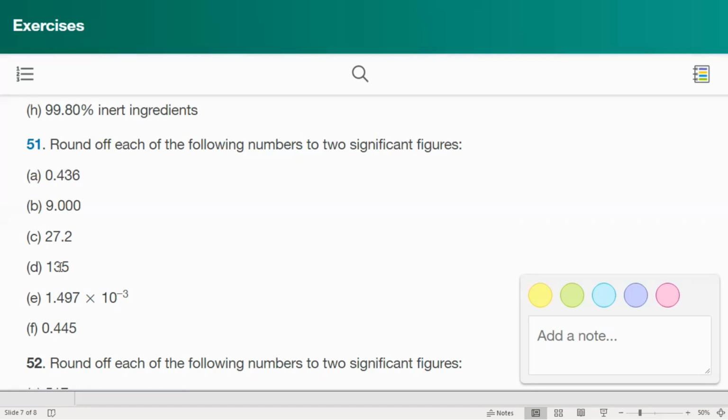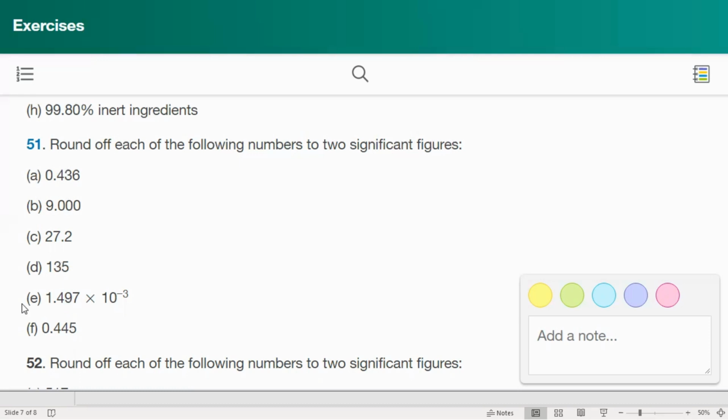So the question is, if the first insignificant number is a 5, do you round the last significant figure up or down? If that number is odd, you round up. If that number is already even, you can round down. So in this case, we're going to round up. It should be 140. So the answer is 140.